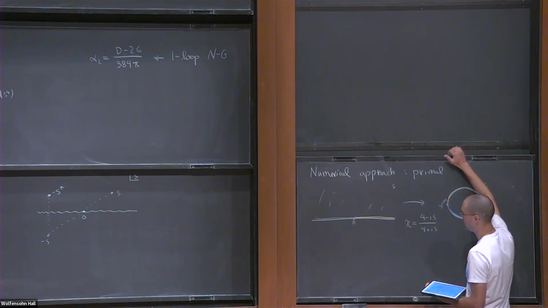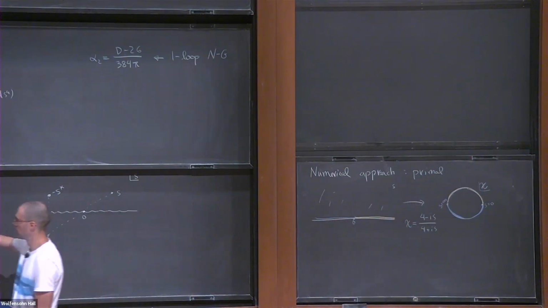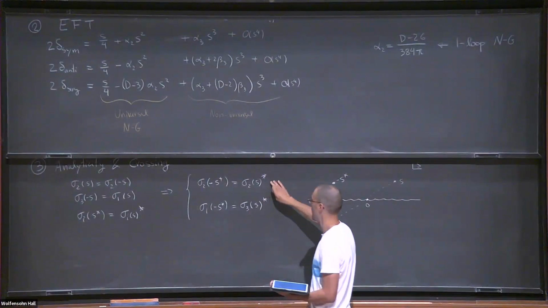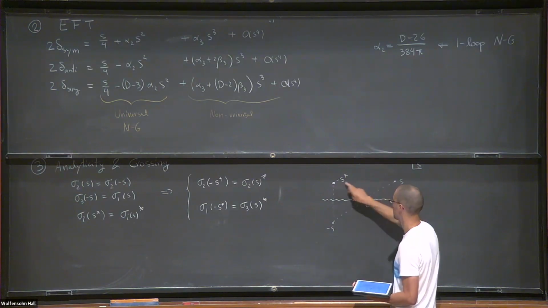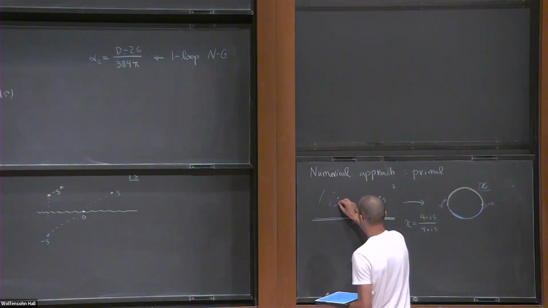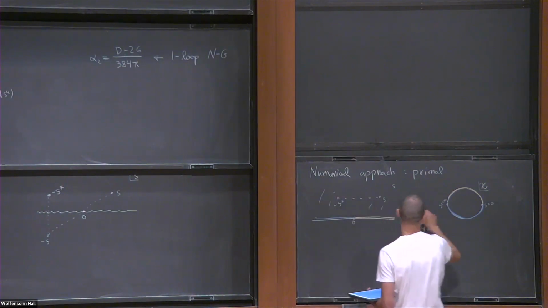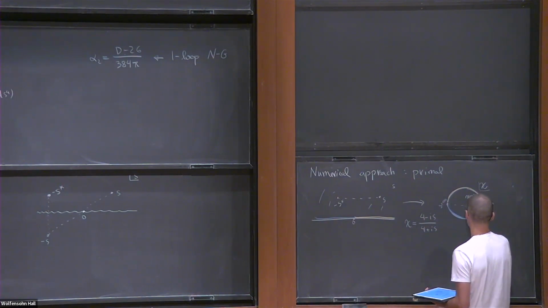One interesting thing in this map is that in the upper half plane, crossing and real analyticity imply this relation between 2 points, s and minus s star. These 2 points get mapped here into complex conjugate points. So this is chi of s, and this is chi of minus s star. They are just complex conjugate.